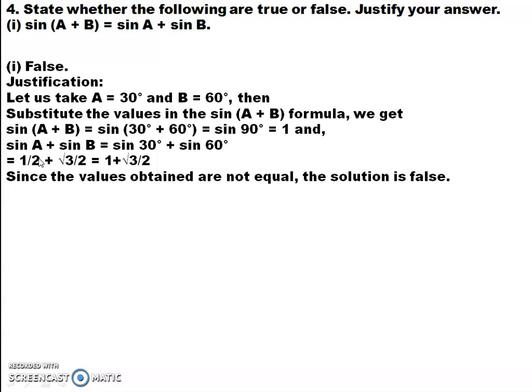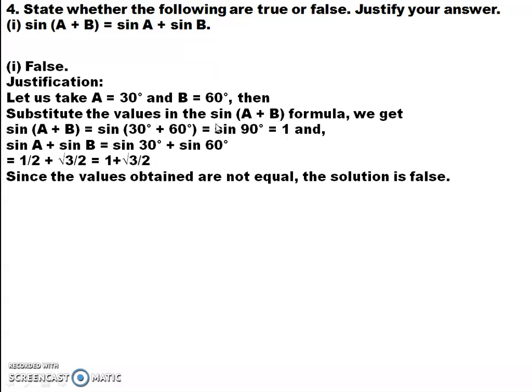Now, what is 1 by 2 plus root 3 by 2? It is (1 plus root 3) by 2. Okay, 1 plus root 3 is the numerator and 2 is the denominator. Is this the same as 1? Here it is (1 plus root 3) by 2, and there it is 1.